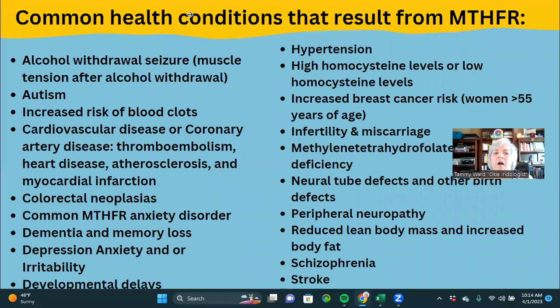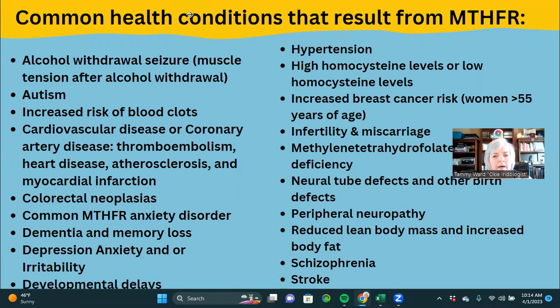Here are some of them: alcohol withdrawal, seizure, muscle tension after alcohol withdrawal, autism, increased risk of blood clots, cardiovascular disease or coronary artery disease, thromboembolism, heart disease, arteriosclerosis, myocardial infarction, colorectal neoplasias, common MTHFR anxiety disorder, dementia and memory loss, depression, anxiety, and/or irritability, developmental delays, hypertension, high homocysteine levels or low homocysteine levels.